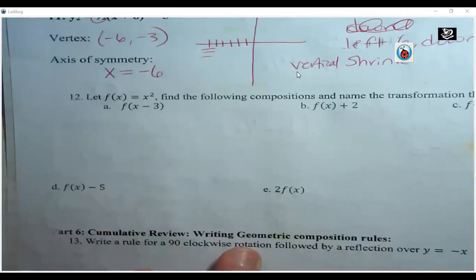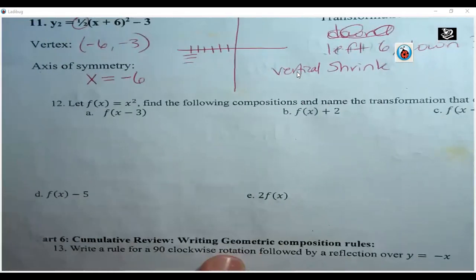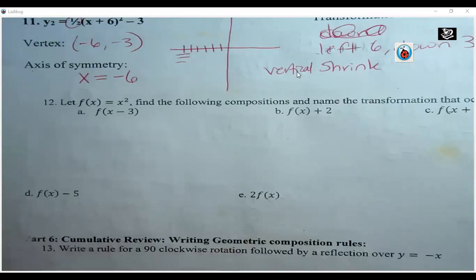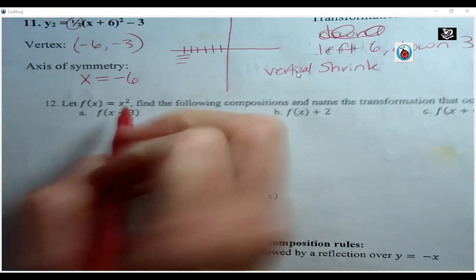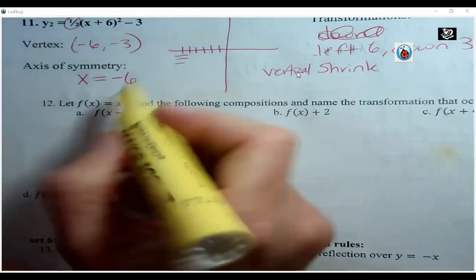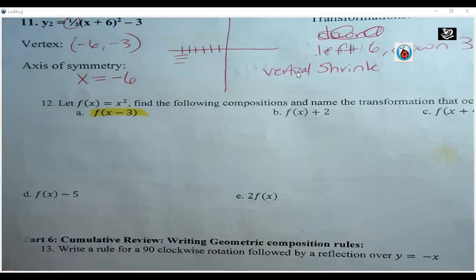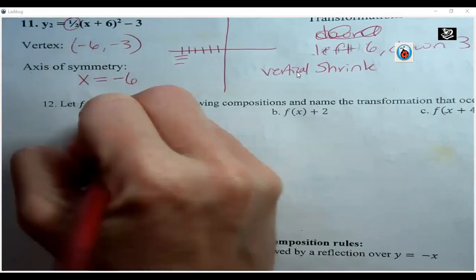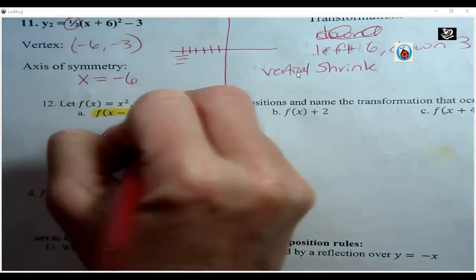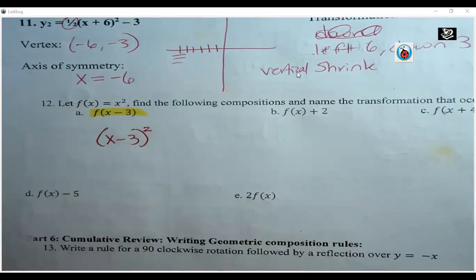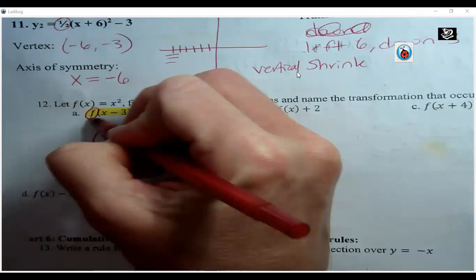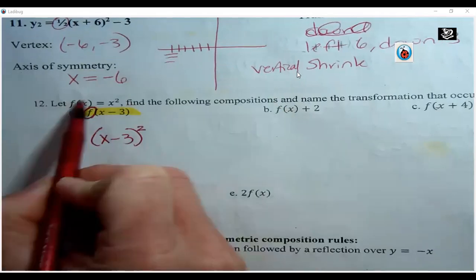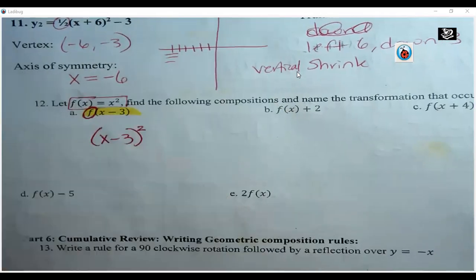All right, let f of x equals x squared. Find the following compositions and name the transformation that occurred. All right, so we have f of (x minus 3). Notice that x minus 3 is in parentheses, and so we're going to keep it in parentheses, but we're going to put a square. And you might ask, where did that square come from? It came from the fact that we're using the function x squared.